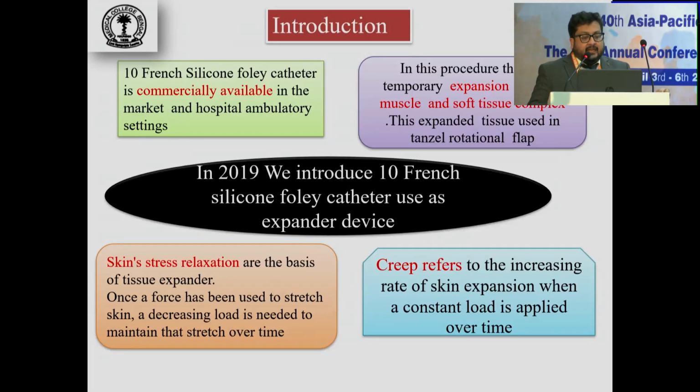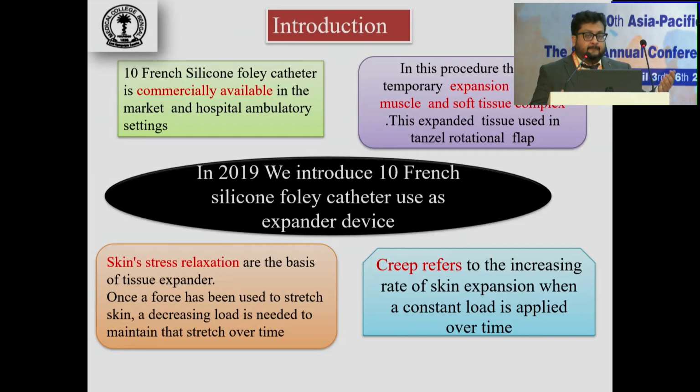Now, we have to realize, as Dr. Chatterjee has been telling earlier, that less tissue mobilization means less surgically induced scar, less chance of post-operative morbidity of the patient, less hospital stay, less chance of infection, and a better cosmetic outcome.